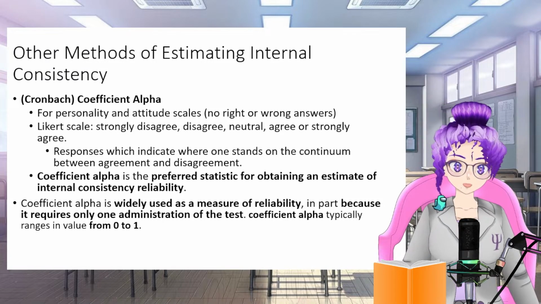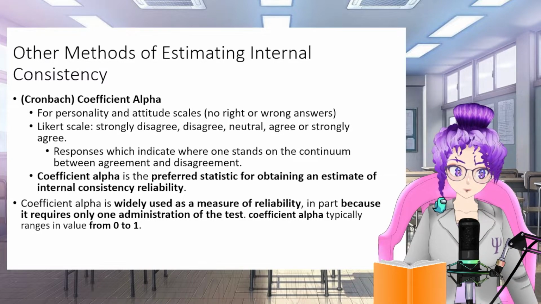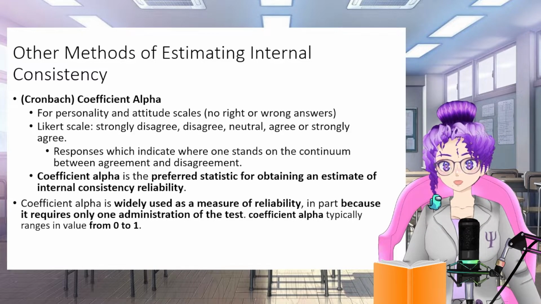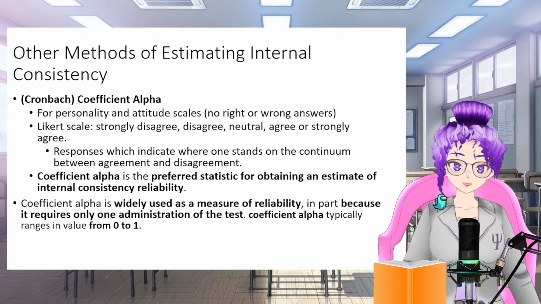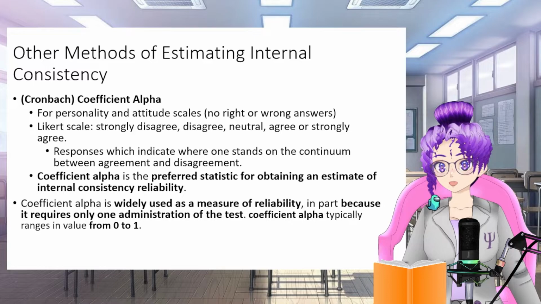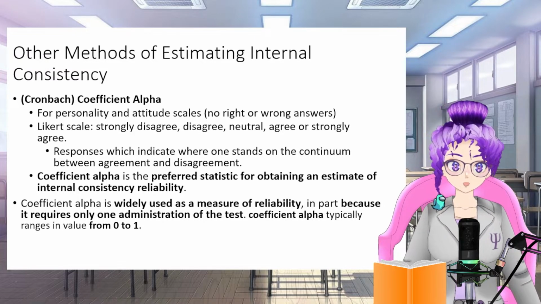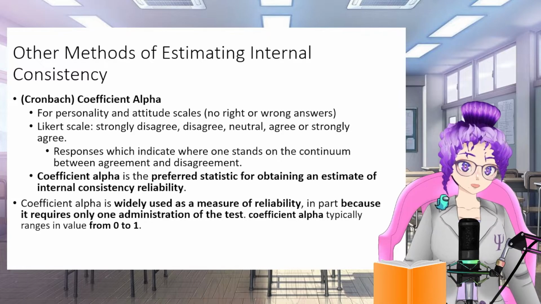Usually this is the most commonly used estimate when it comes to internal consistency. The coefficient alpha is the preferred statistic for obtaining an estimate of internal consistency reliability. It is widely used as a measure of reliability, in part because it requires only one administration of the test. Coefficient alpha typically ranges from 0 to 1.